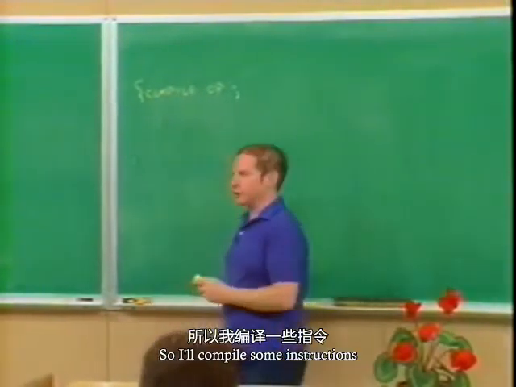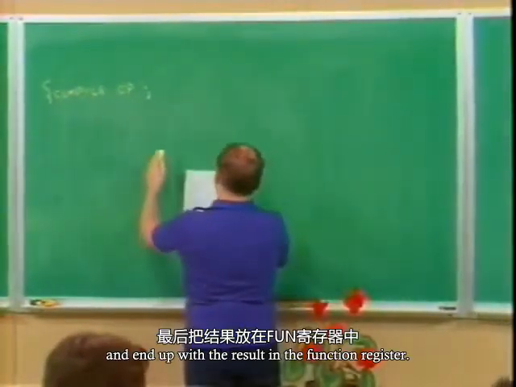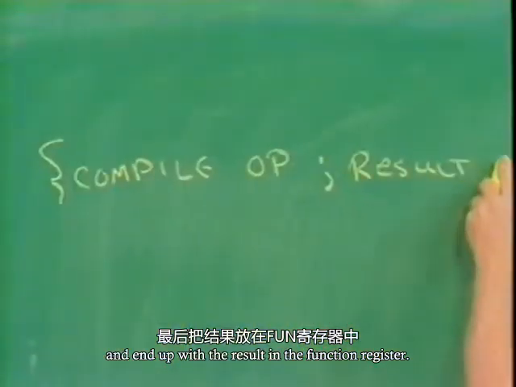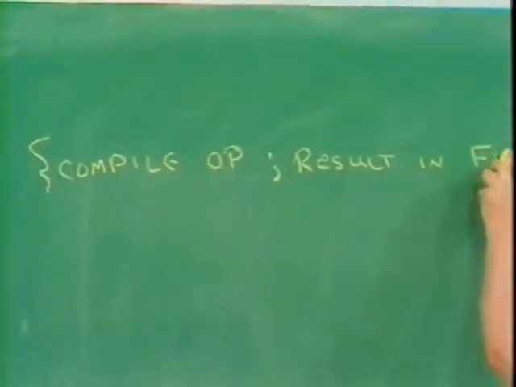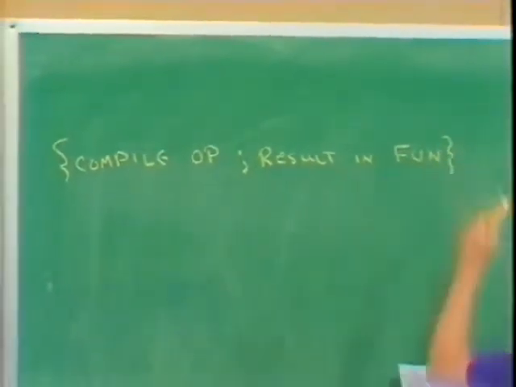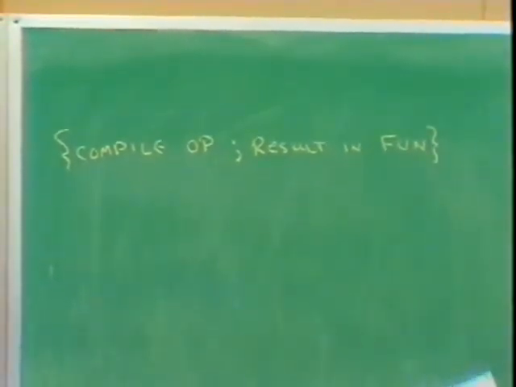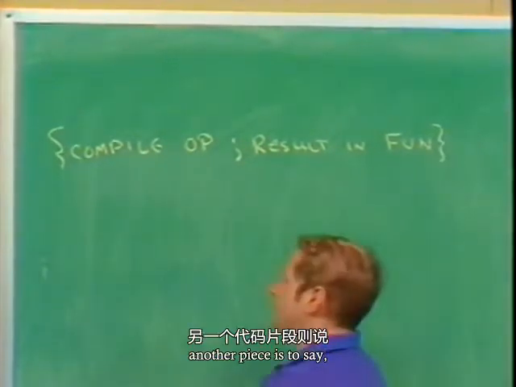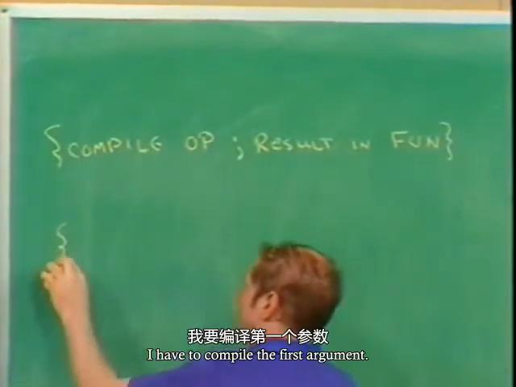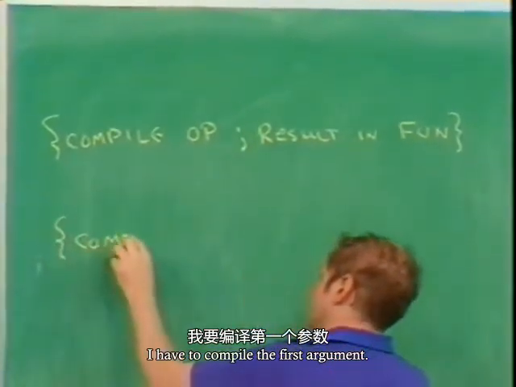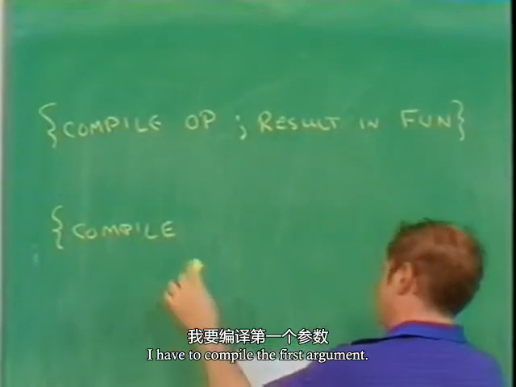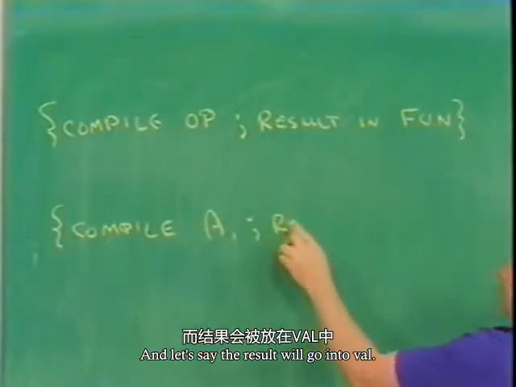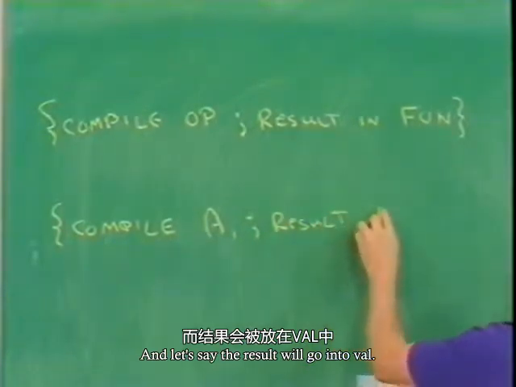So I'll compile some instructions that'll compile the operator and end up with the result in the function register. The next thing it's going to do, another piece, is to say, well, I have to compile the first argument, so it calls itself recursively. And let's say the result will go into val.